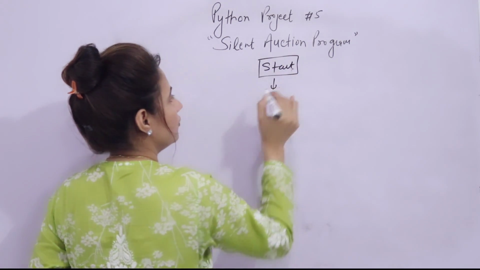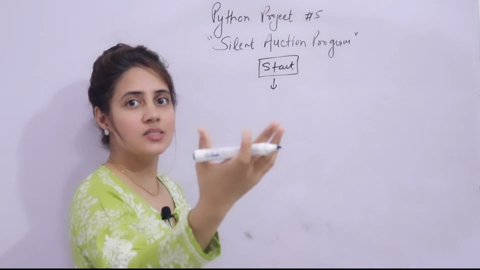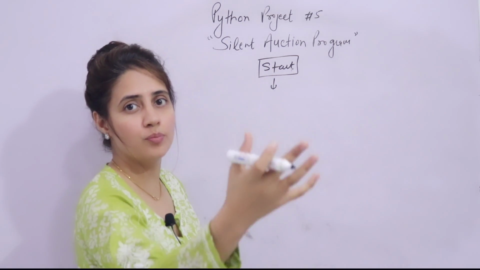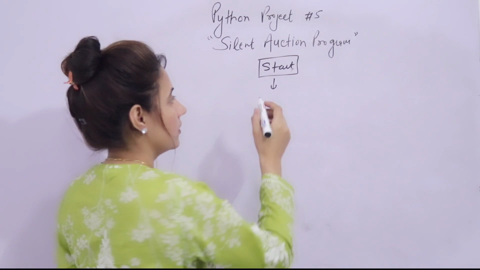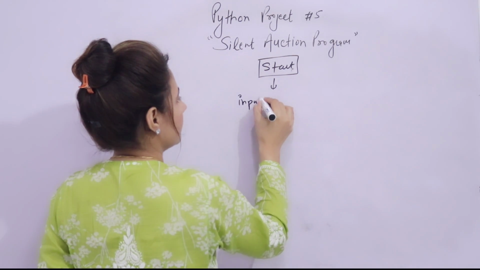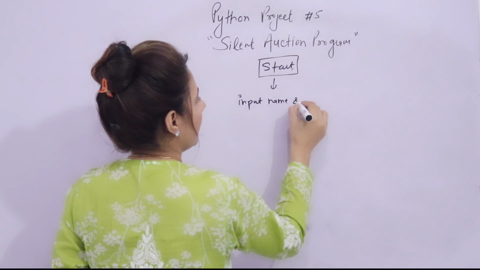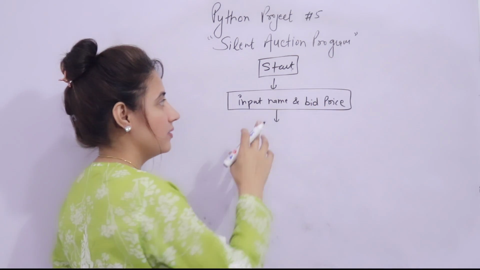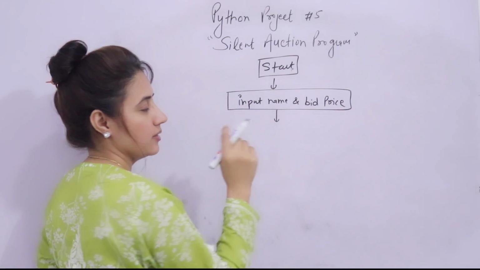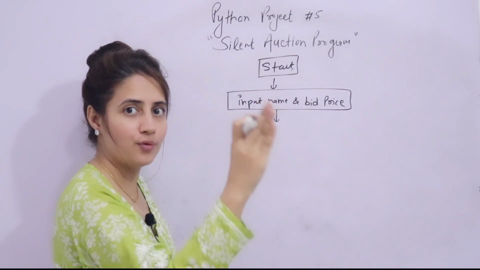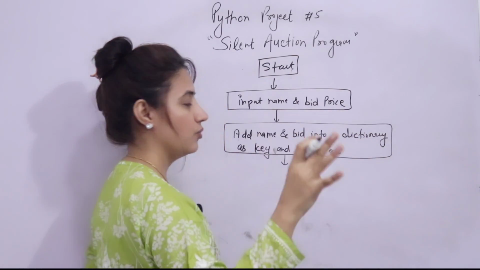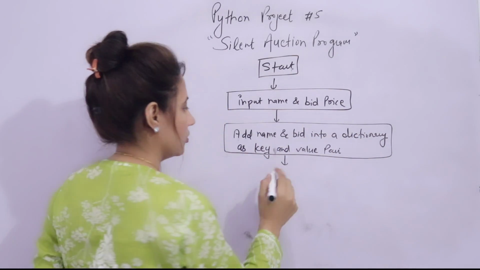We are going to start, and at first we'll ask the name of the person who is going to bid and the bid price, right? So the next step is input name, and now we are going to add this name and this bid price to a dictionary in the form of key and value pairs. After adding to the dictionary, we will check if there are more bidders or not.